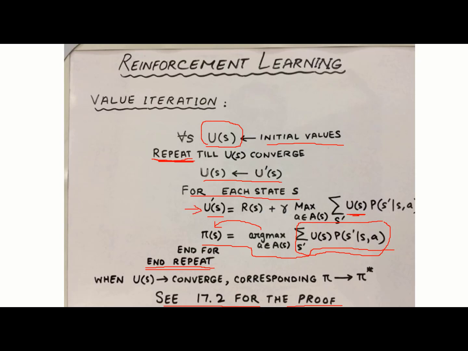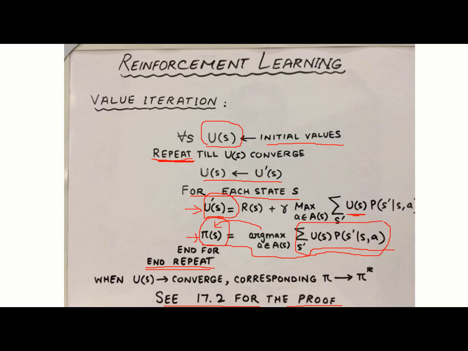One of them is u prime and the other one is pi. So u represents the updated expected accumulated reward for that state, and pi represents the updated optimal policy till that point.